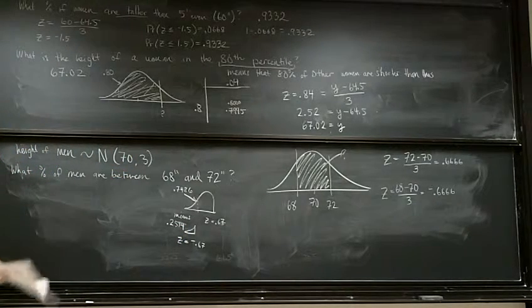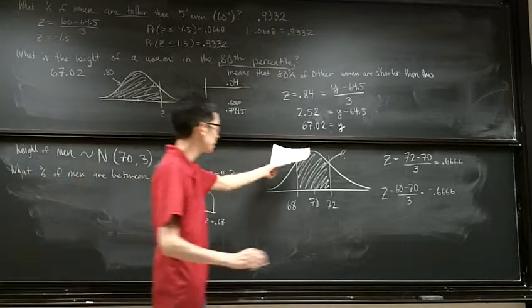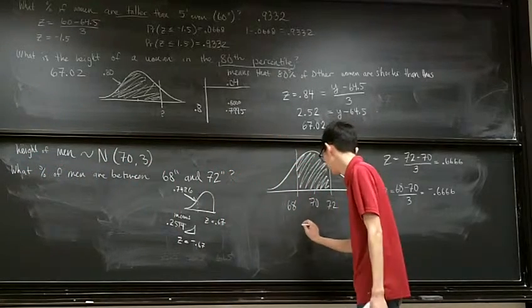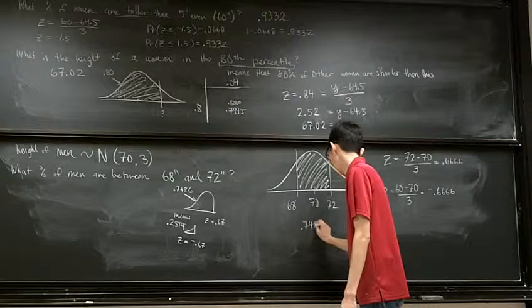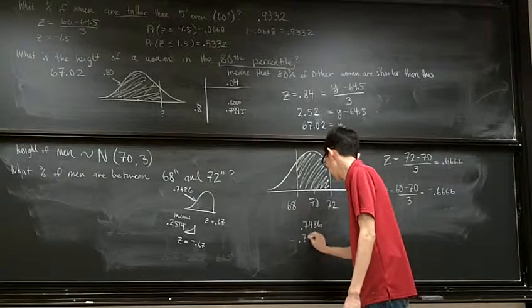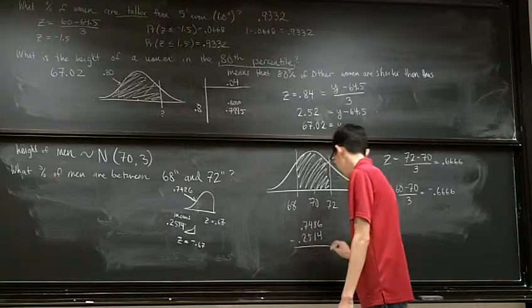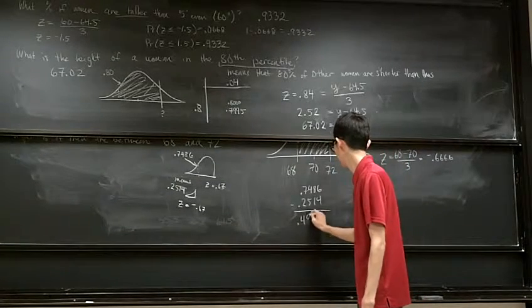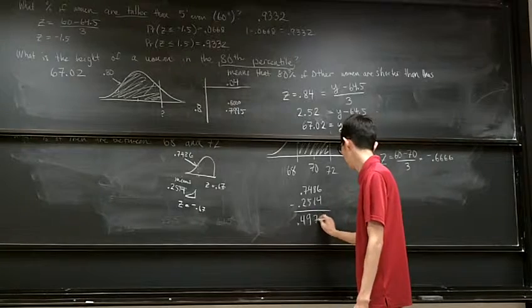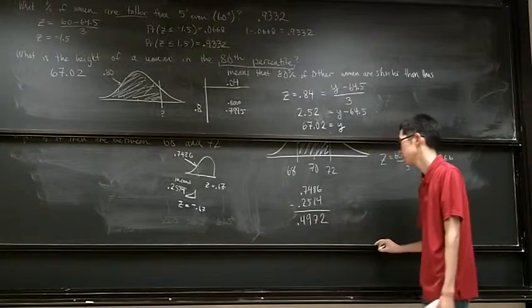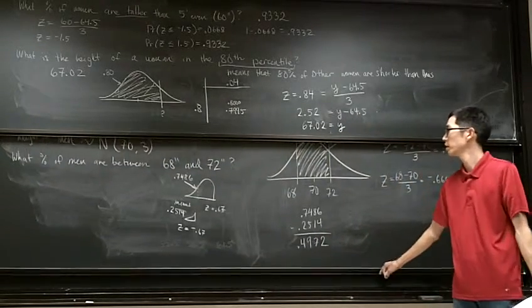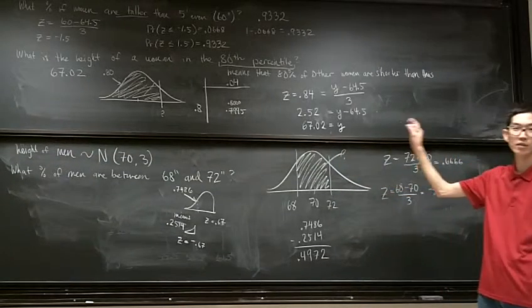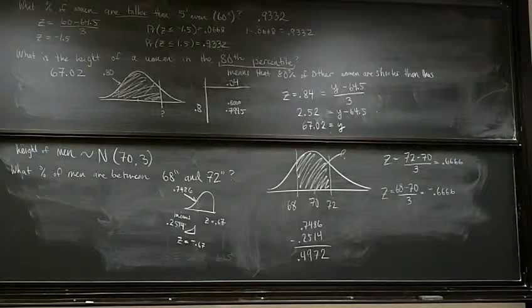So if I take the difference between those two, I will get what's in the middle. What is that? 0.4972. So just about 50%. Okay, so that's almost like the middle 50%. It's practically the IQR.